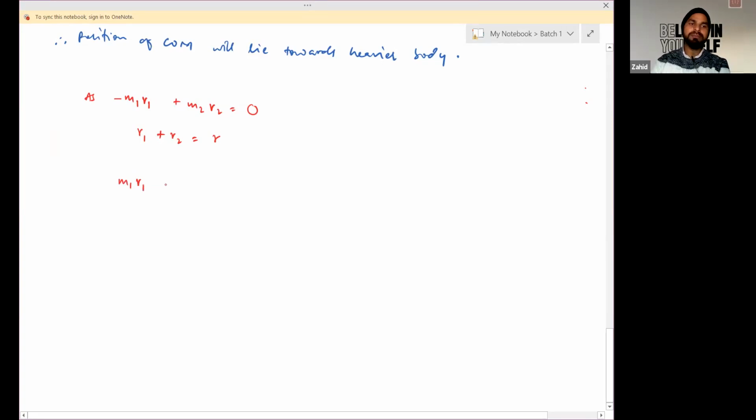So M1 R1, M1 R2 equals M1 R, and subtract these two equations, you will get R2 equals R1 divided by R1 plus R2 times total separation.